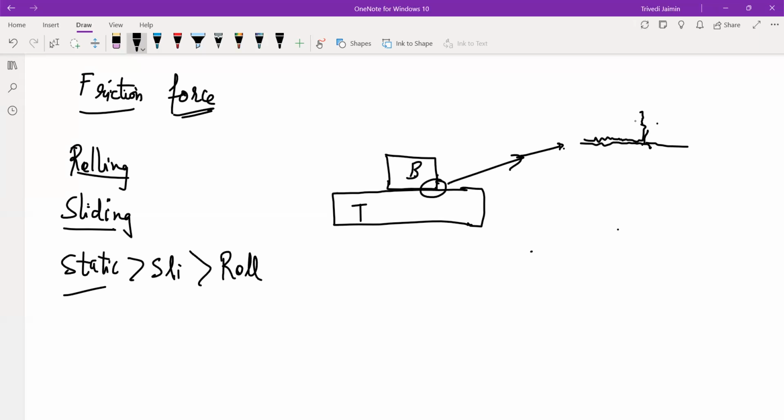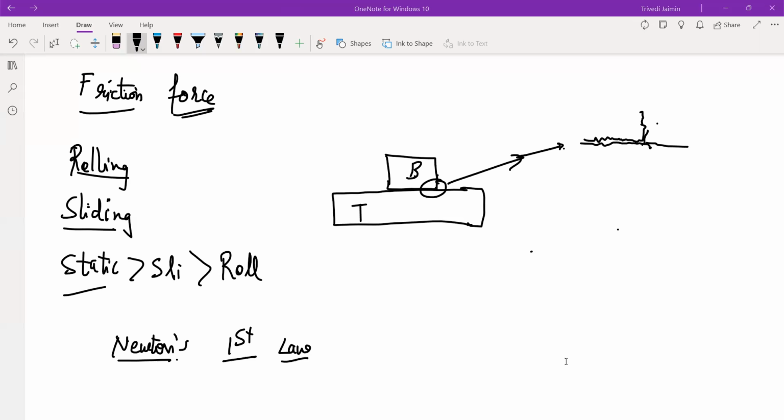Okay, so what is Newton's first law? Who will tell Newton's first law? If a body is moving in a straight line at constant speed, it continues unless an external force acts upon it. Okay, so an object stays at rest or in motion until some external force is applied.